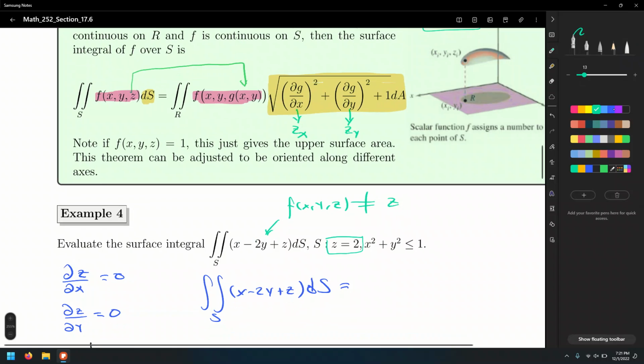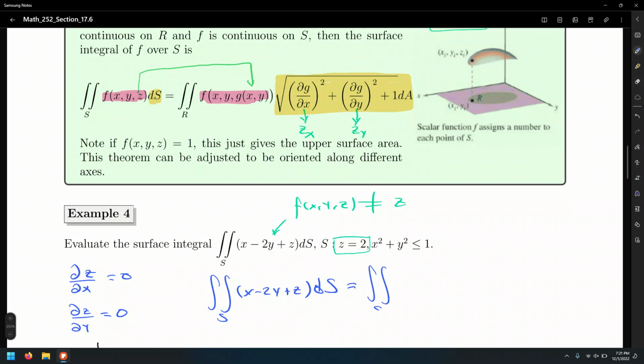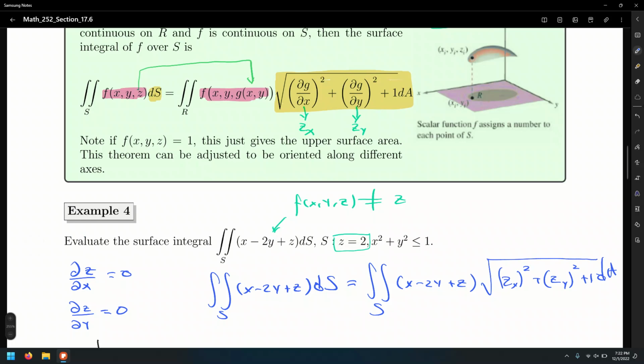All right, so let's rewrite the surface integral over S. That's x minus 2y plus z. Instead of the dS, that's the square root of the partial of z with respect to x, quantity squared, plus the partial of z with respect to y, quantity squared, plus 1, dA.